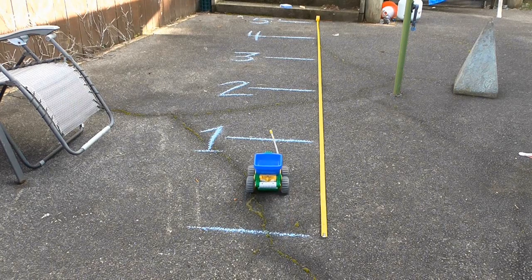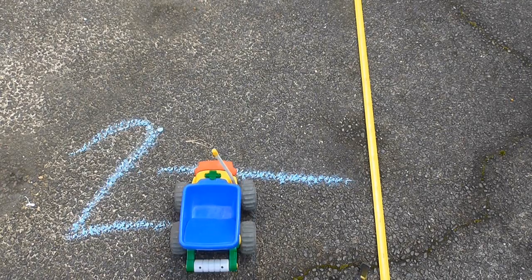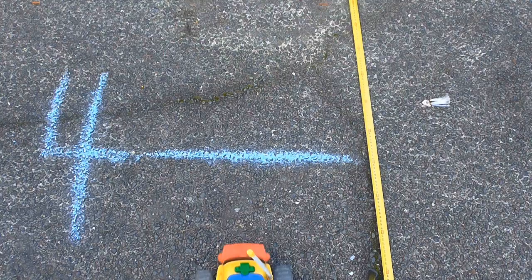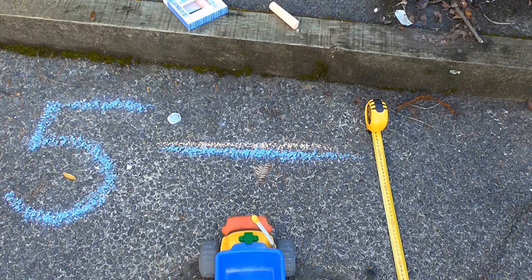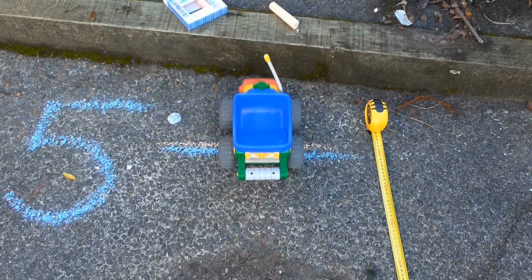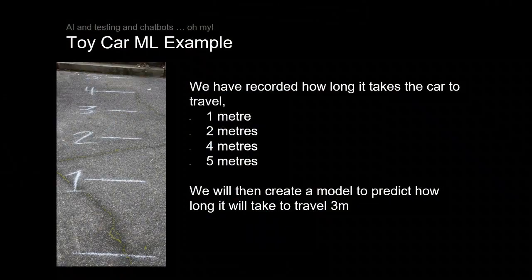My wife helped me with the stopwatch, and we've recorded when it's past 1 meter, 2 meters, 4 meters, and 5. What we've then done is we've used this data to create a model of how to predict how long it will take to travel 3 meters. As you remember, we haven't measured 3 meters up to this point.